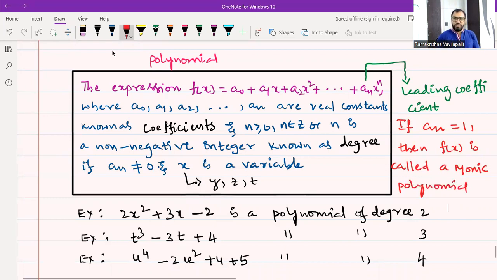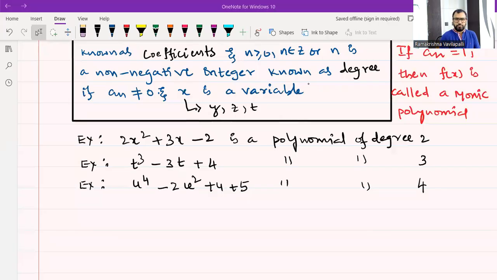I'll give you an example. Here x cube minus x square plus 5x plus 6. The coefficient of the highest power of x is 1, right?